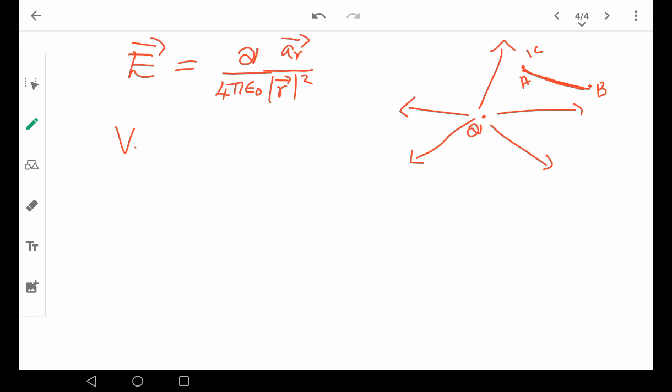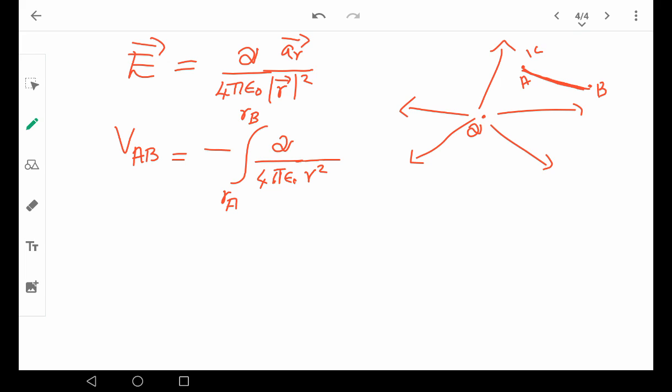VAB equal to integral minus from RA to RB of Q by 4 pi epsilon 0 R square, or instead of writing the magnitude, we can write the magnitude as R square like this.